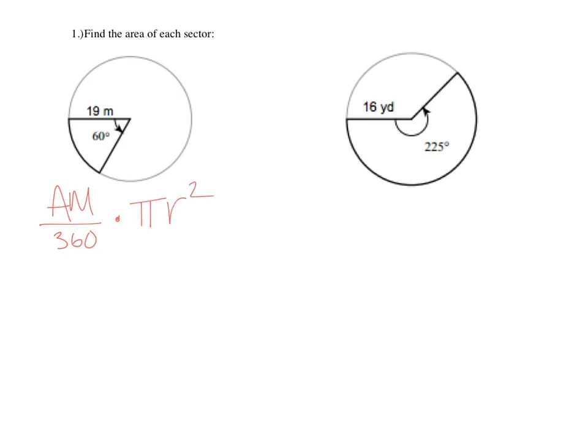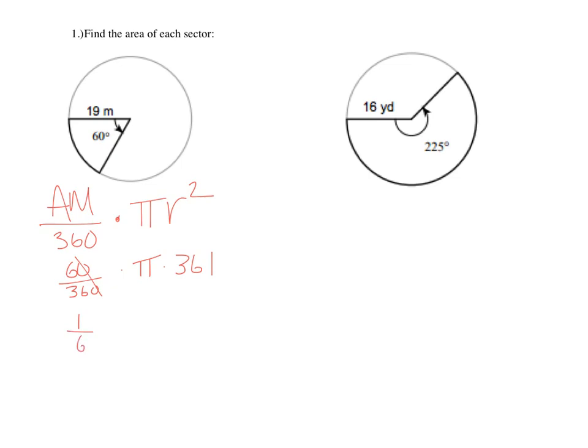So in this problem, we're given both the radius and the arc measure. So we have 60 over 360. We're multiplying that by pi r squared, and our radius is 19, so when I square that, I get 361. When I reduce my fraction, 60 over 360, I can reduce the zeros, and then divide, and I get 1/6.